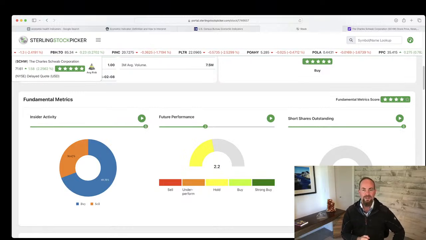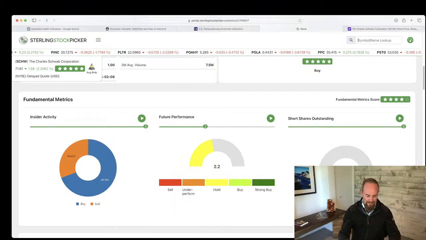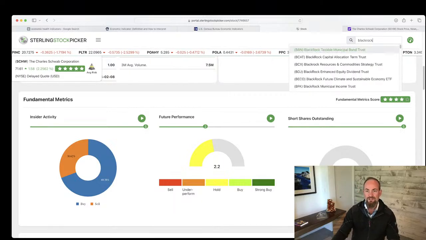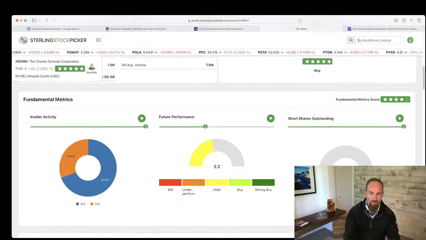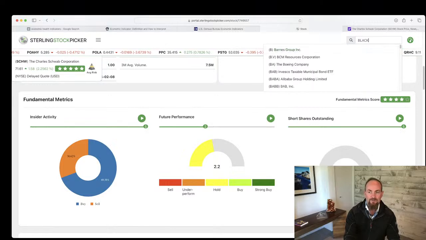BlackRock just announced earnings last week. And earnings for BlackRock were, I'm just going to, I want you to take a look at this, because this is really interesting.